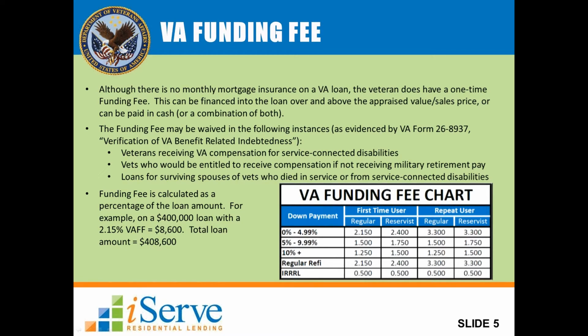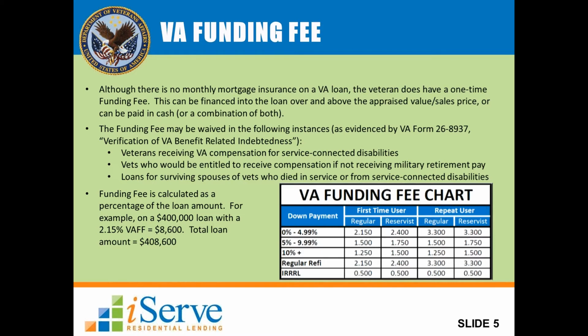All right, well, we talked about there being no monthly mortgage insurance on a VA loan. However, there is something called the VA funding fee, and I guess the closest analogy would be like the upfront MIP on an FHA loan. It's a fee that the borrower has to pay up front, can be financed into the loan.